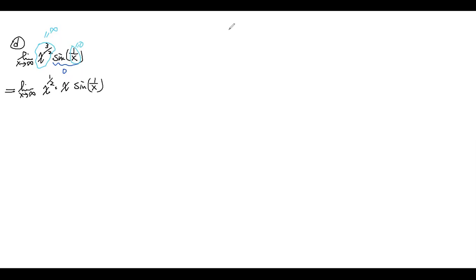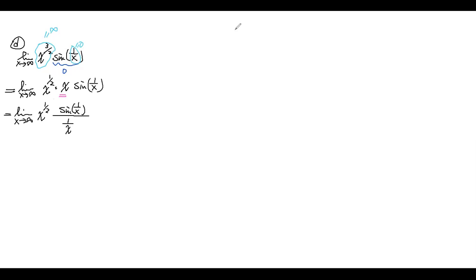The reason why I want to break this up is that now I can flip it. So this is sine 1/x, and then this is 1/x.